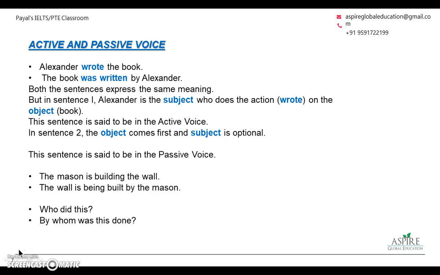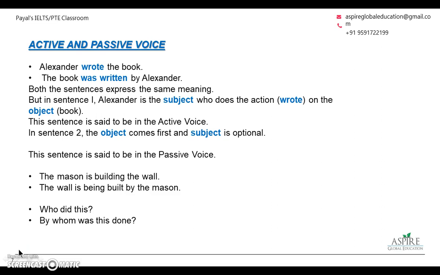Now the idea of making these two different kinds of sentences is just to create a variety so that your writing or your speaking is not monotonous or unimpressive. Otherwise, the meaning of both the sentences is the same. And another important reason is that whenever you change a sentence from active to passive, your tenses would definitely change because your order of subject has now changed.